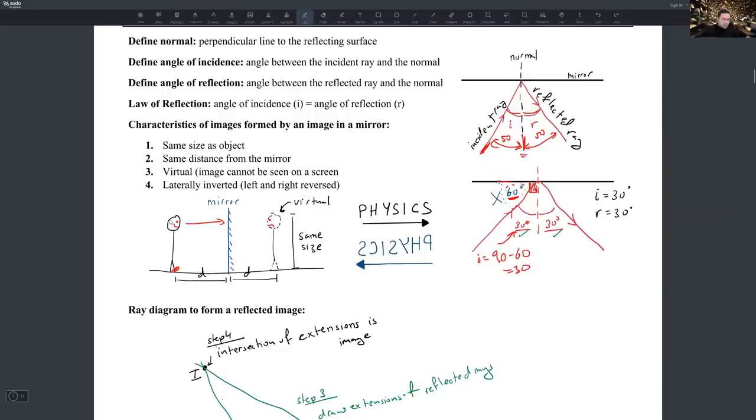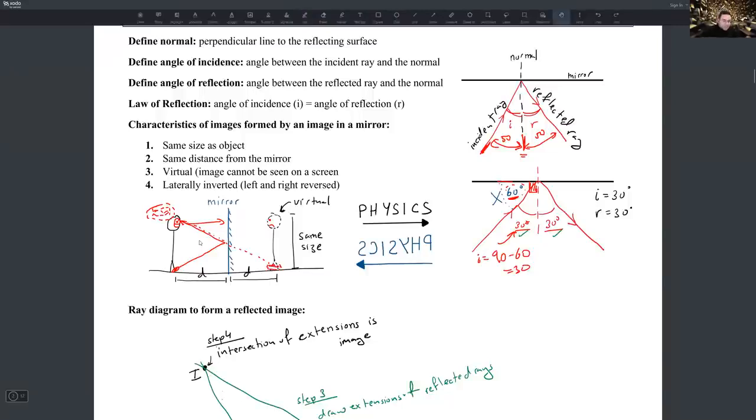The light from your shoe hits the mirror, reflects to your eyes, and your eyes and brain act all stupid and think the light rays are coming from behind the mirror. It thinks the light comes from behind the mirror. So it extends the ray of light, and it seems to it that the red shoe is behind the mirror.